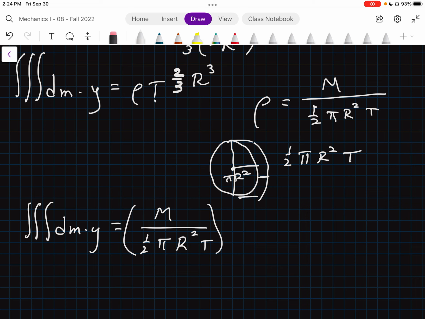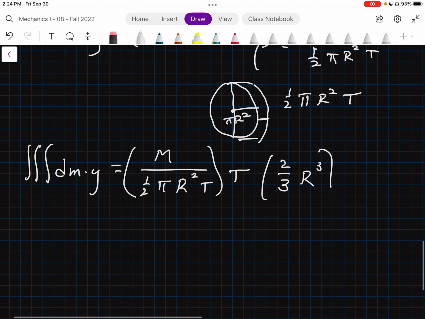I have my t term that comes down from above, and then from my y integration, I have 2/3 r cubed. So the r squared leaves 1 r left. The 1/2 flips over, so I get a 4/3. Sorry, my t's cancel out too. So 4/3 m r divided by pi.